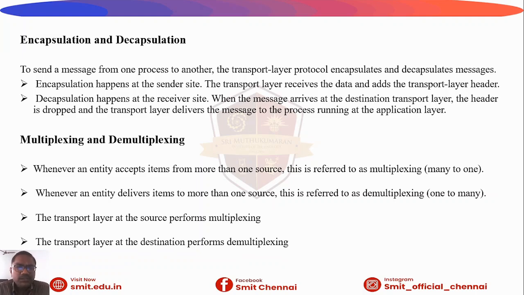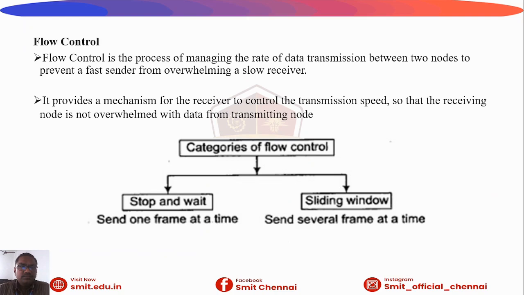The next one is when the entity delivers items to more than one device, which is called demultiplexing, the reverse process of multiplexing. One source and many destinations, whereas multiplexing means many sources to one destination. This transport layer performs both multiplexing and demultiplexing. Multiplexing happens at the source, and demultiplexing happens at the destination.